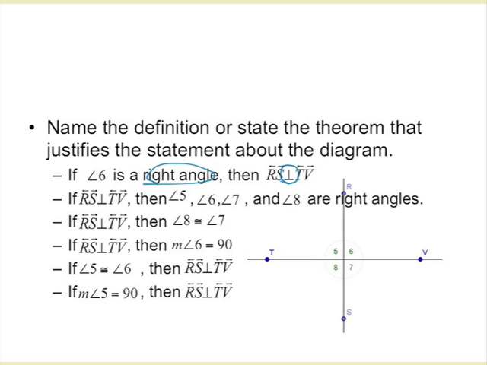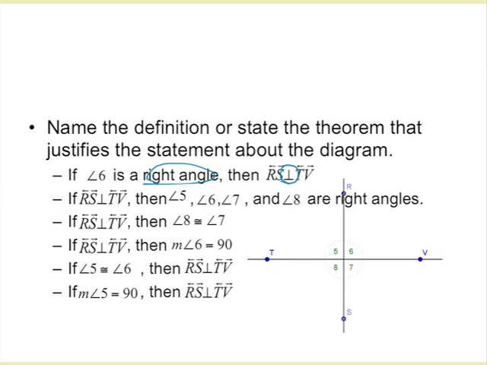So of the definition, theorems 2.4, 2.5, or 2.6, what one talks about right angles and perpendiculars? We need one that specifically uses the words right angle and perpendicular lines.